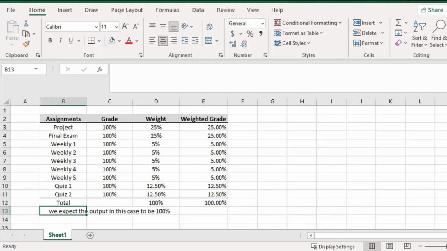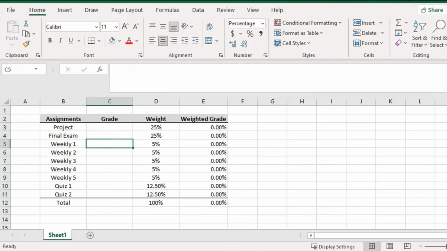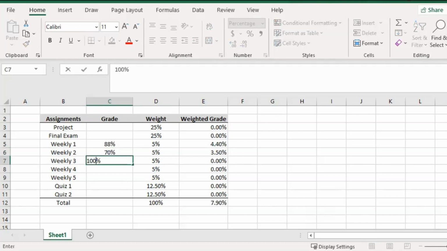So I'm going to get rid of this because now we're going to assume that we made a few mistakes, right? So we're learning, and let's say on our weekly assignments, let's get rid of these grades. Let's say we do less than perfect. On one assignment, we get an 88%. On another, we get a low C. On our weekly 3 assignment, we aced it.